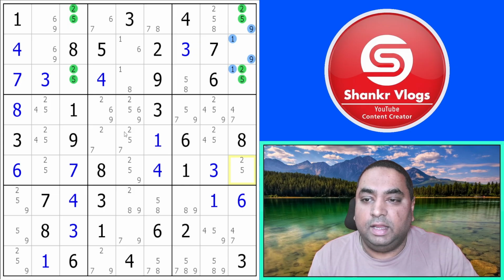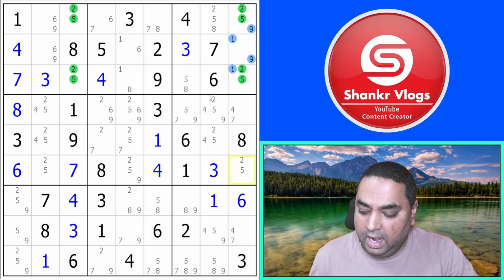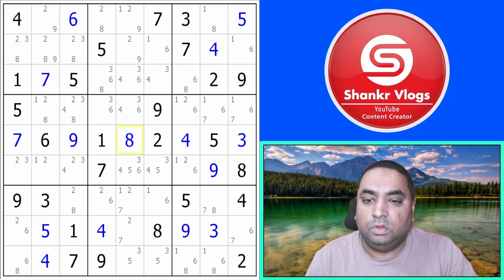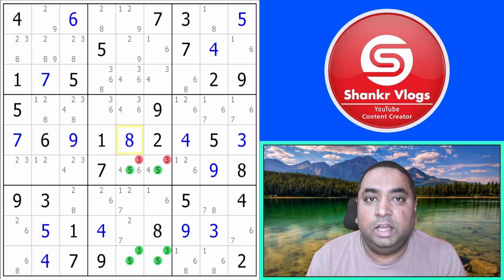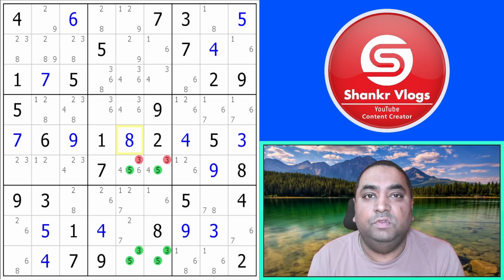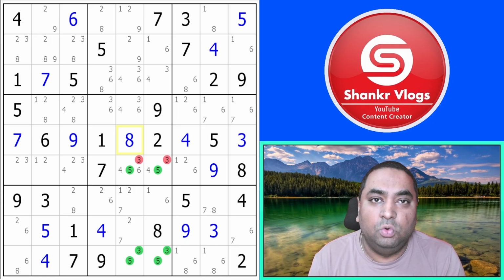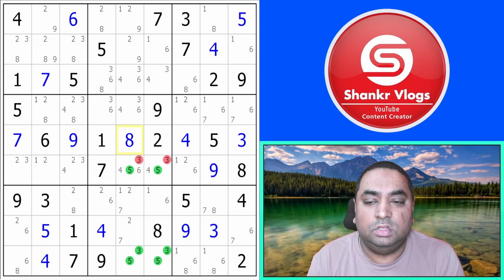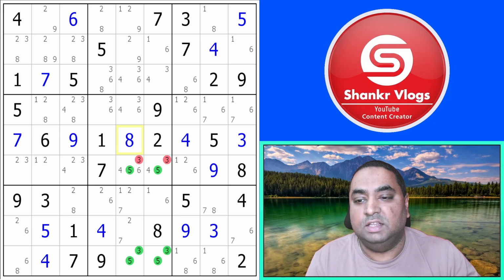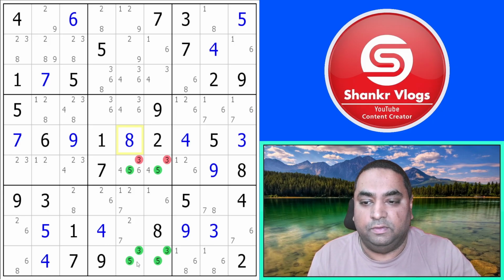So type 4 unique rectangle, how it is and how we are going to identify. Okay. For type 4 unique rectangle, we have to concentrate on only UR candidates, that is the other end of the non-diagonal UR candidates. One set of UR candidates has to be only 2 candidates, occupied in 2 cells. See here one set of non-diagonal cells has 3 and 5.